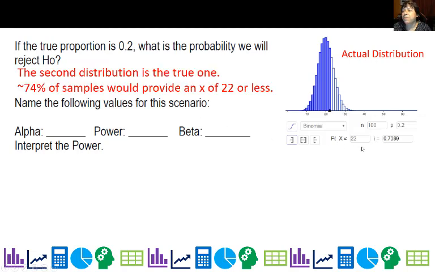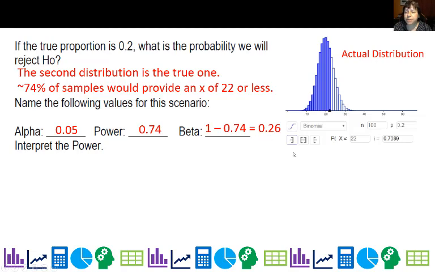Okay, so 74% of the samples would give us 22 or lower. So 74% of the time, we would reject the null and choose what we're supposed to have evidence for, which is the alternate. So alpha is something we picked, and that's 0.05. The power is 74%, and beta is 1 minus that number, or 0.26.